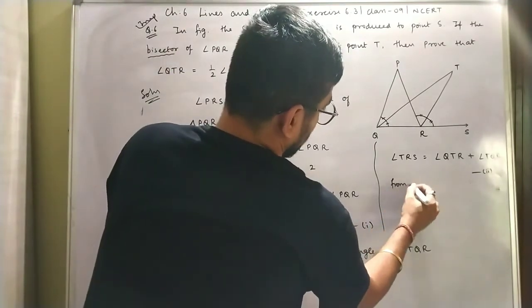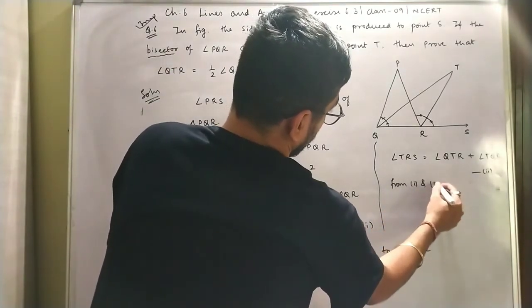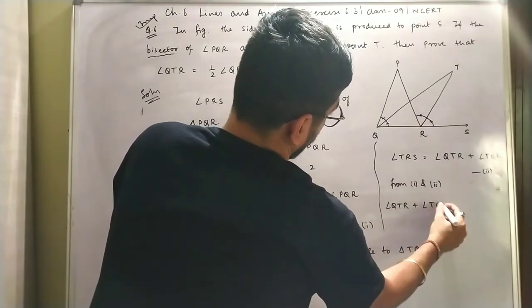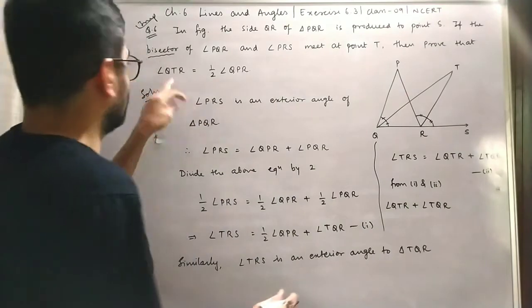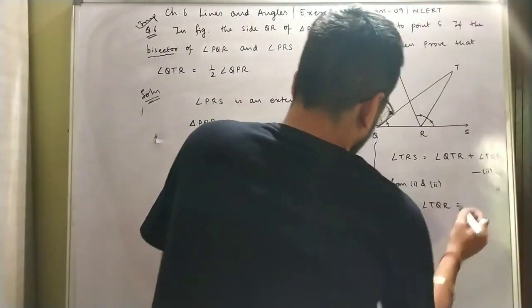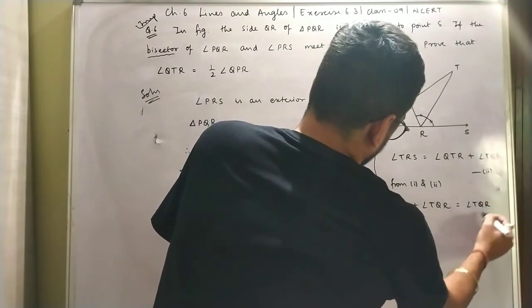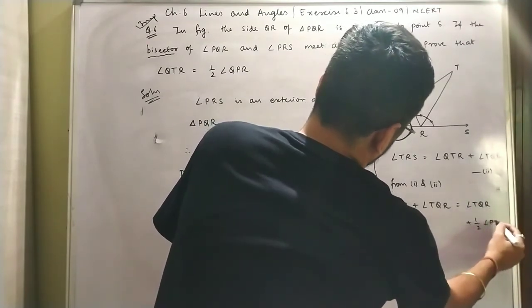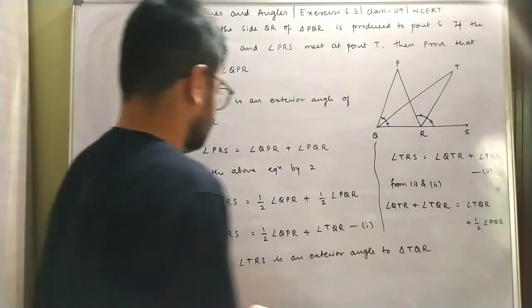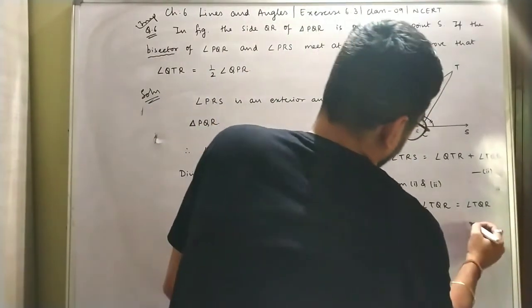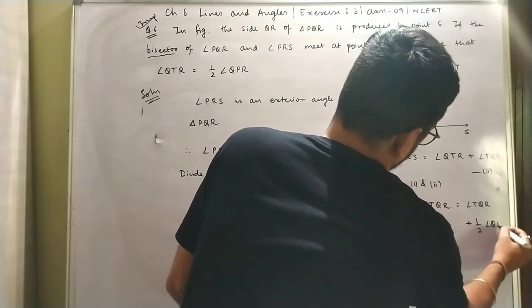So from 1 and 2, angle QTR plus angle TQR, I am looking for QTR, correct, is equal to यहाँ पे angle TQR plus half of angle PQR, no QPR, sorry, half of angle QPR.